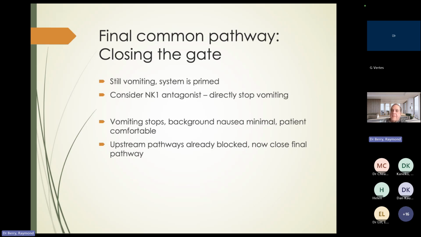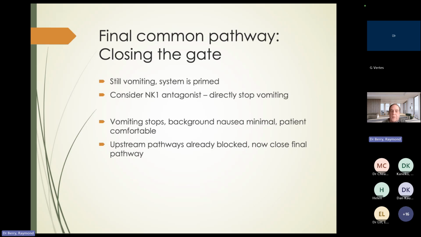All the pathways have activated, and in the vomiting center, substance P is being released. And even though I've blocked all the nausea inputs, still there's some vomiting. And you just have to stop this. It just changes almost the behavior and settles down the system. So this is where I use the neurokinin 1 antagonist, so aprepitant at this point.